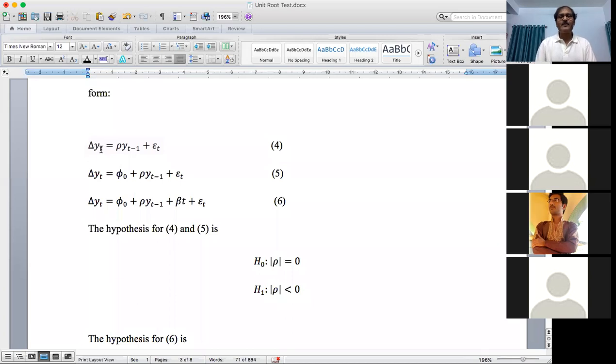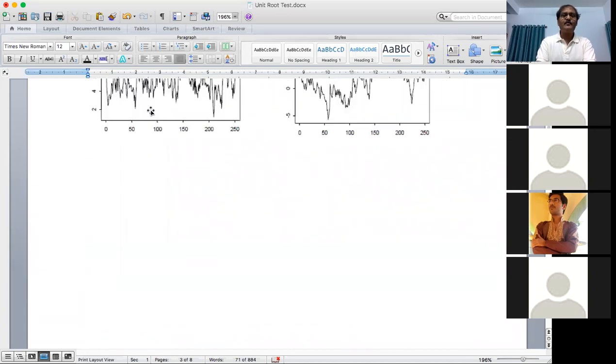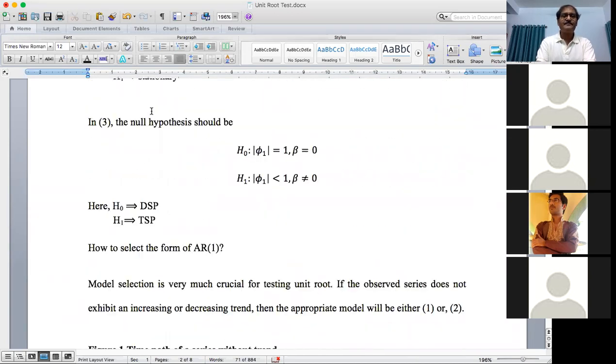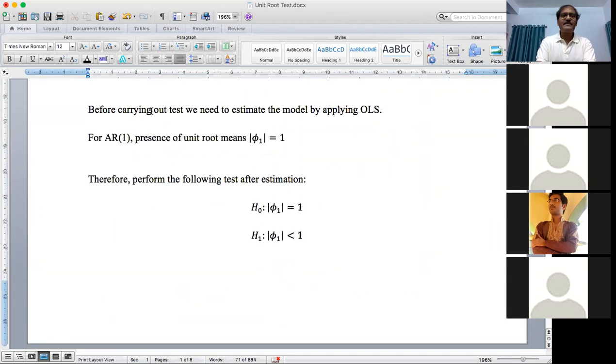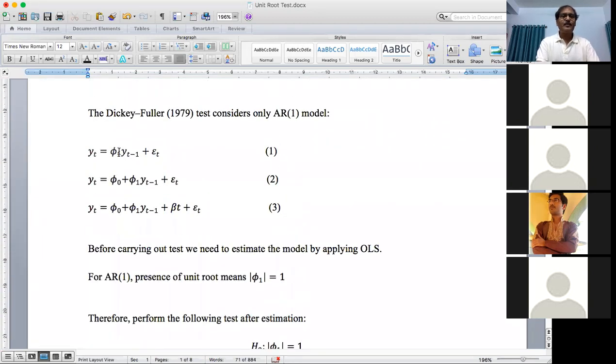Delta yt means simply yt minus yt minus 1. So if you subtract yt minus 1 from both sides in equation 1, just subtract yt minus 1 from both sides. So in the left hand side, you have yt minus yt minus 1, that is delta yt.